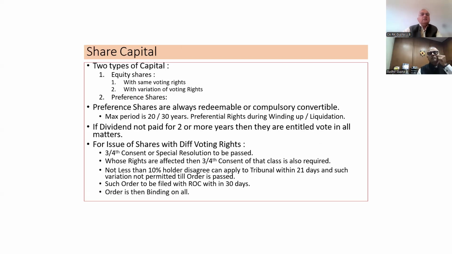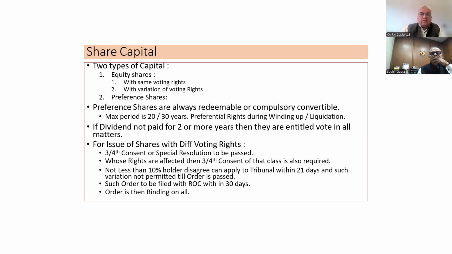Now, share capital. Share capital, as you know, is of two types: equity share capital and preference share capital. In case of equity share capital, you could have share capital with the same voting rights, or there could be the concept of variation of voting rights also. In case of preference share capital, they are not allowed to be a party to every type of meeting.